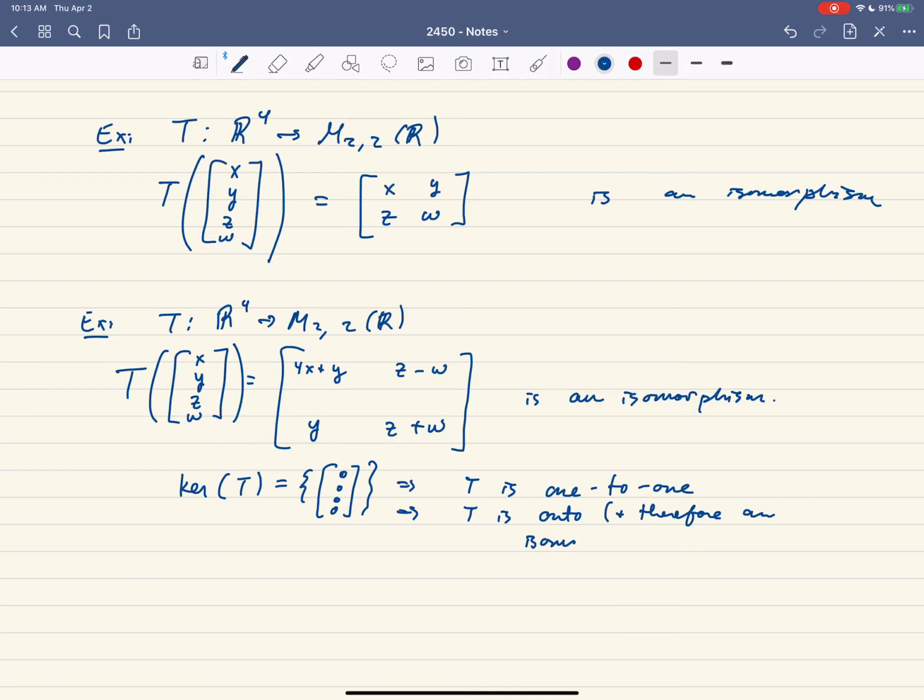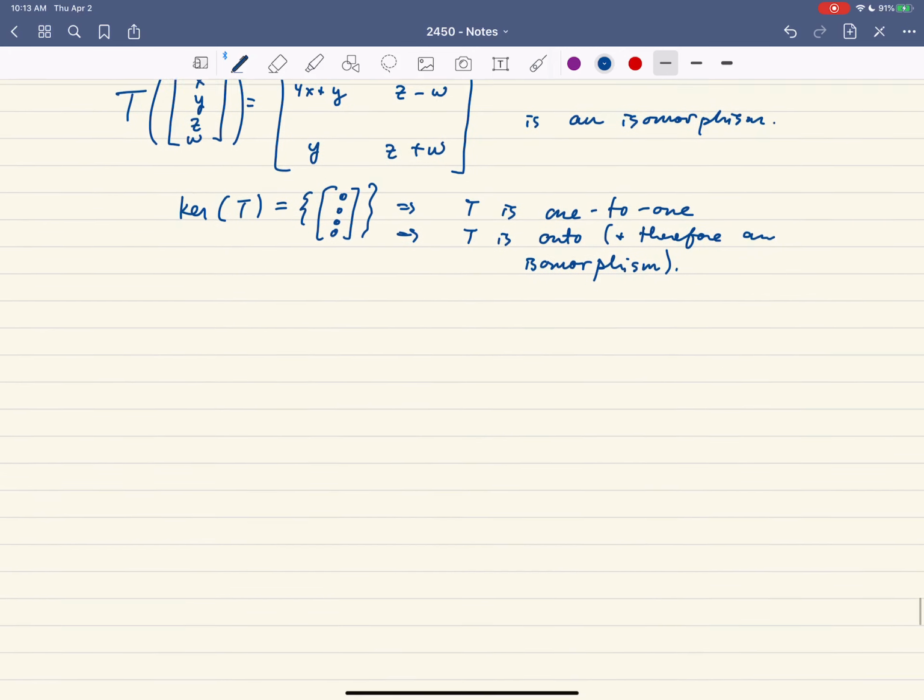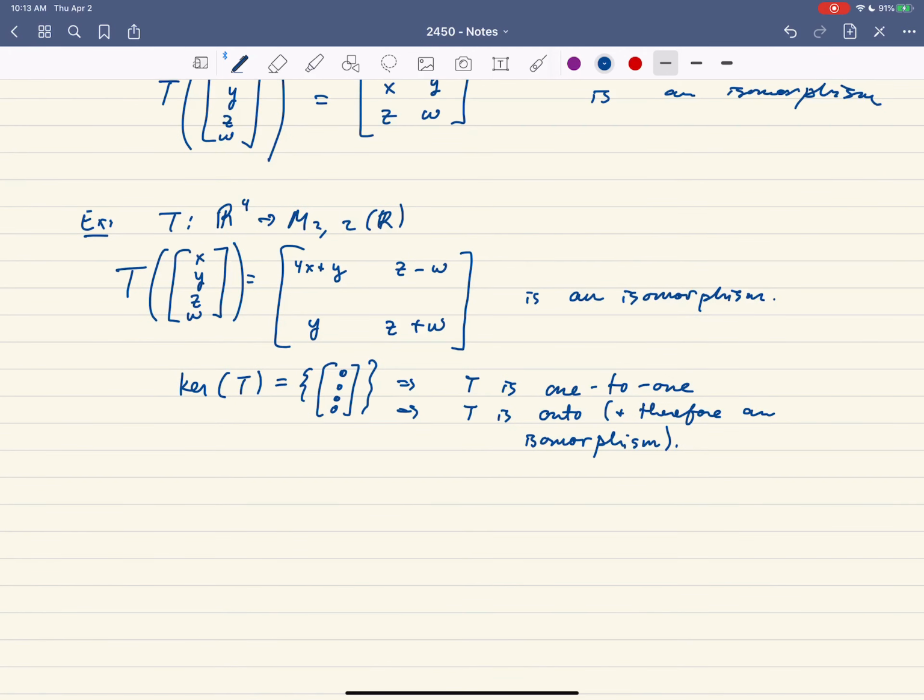Okay, so there's another isomorphism between the two vector spaces. Let's do one that's a little bit more interesting. Let's look at T mapping the set of 2 by 2 matrices to the set P3. Remember, P3 is the set of polynomials of degree at most 3.